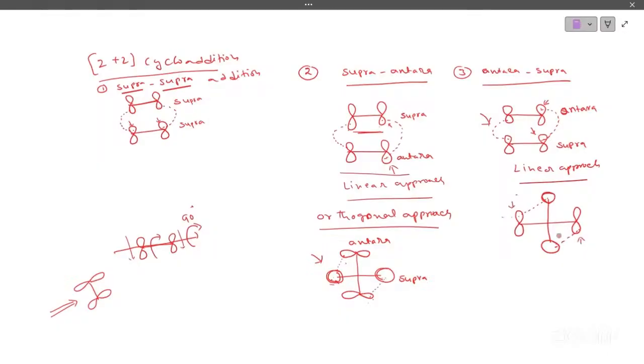This is the topmost phase, this is the bottommost phase, or we can call it the negative phase, and this is the positive phase. Therefore, with respect to the first pi system, it is antara. Here, in the second pi system, both the lobes are on the same side. Therefore, with respect to the second pi system this is supra. Okay, this is the third stereochemical mode.